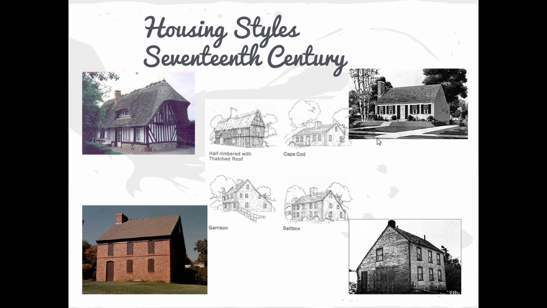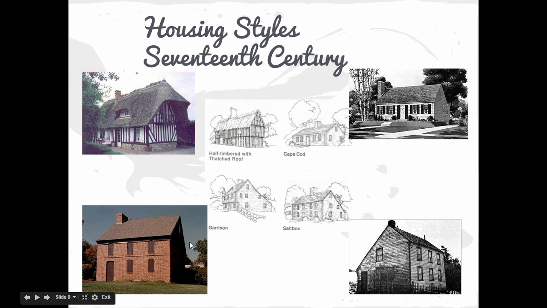Then when we look at housing styles, we categorize them based off what century they evolved in. So here are some examples of 17th century homes, and you can even see the roof styles. Here's the saltbox home here. Here's a Cape Cod, which is very popular in the Franklin Park area. This one has more of a straw thatched roof.